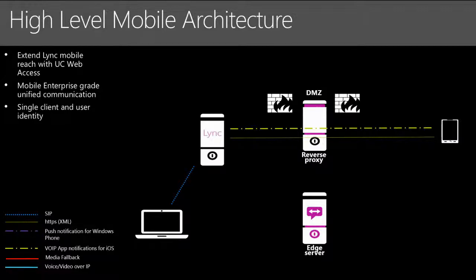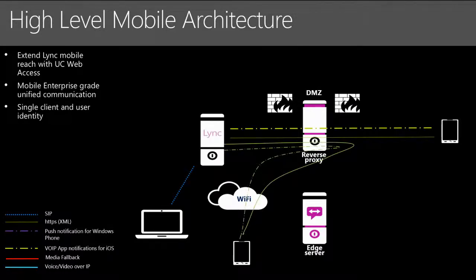On the right side, I have a mobile client which is connecting over a reverse proxy. This client is external. It is connecting over reverse proxy to the Lync server. And in addition, I have another client which is connecting from internally, but even if it is connecting internally, it actually goes via the reverse proxy, via hairpinning, back to the Lync server.